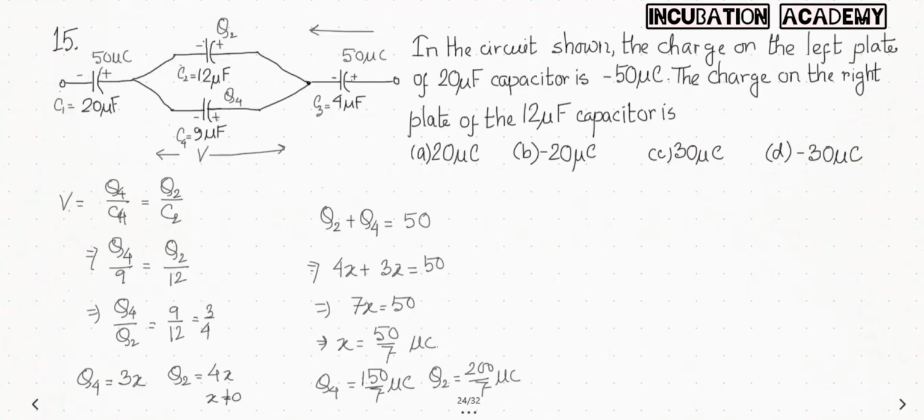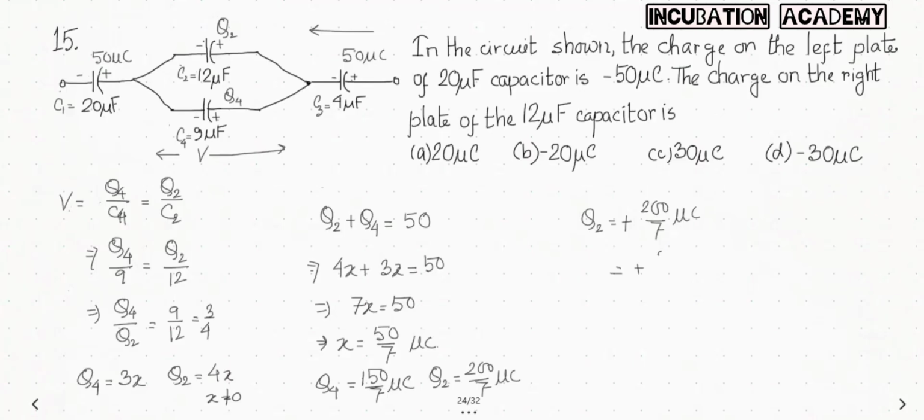We have to find the charge stored on the right plate of the 12 microfarad capacitor. Right plate means the positive plate, and that is 200 by 7 microcoulomb. So Q2 we have to find. On the right plate obviously positive charge is there, 200 by 7 microcoulomb.